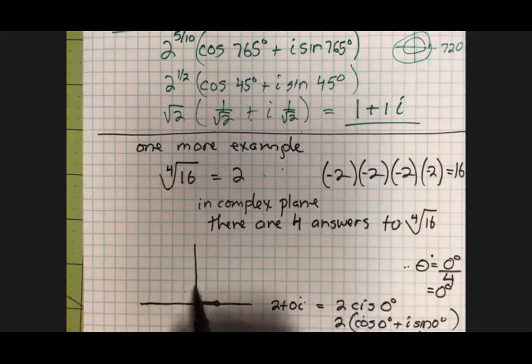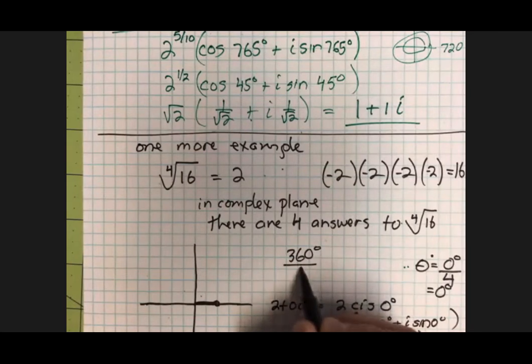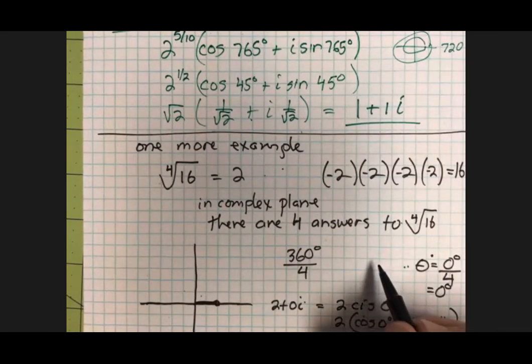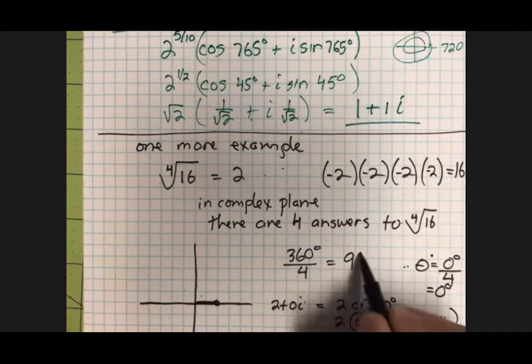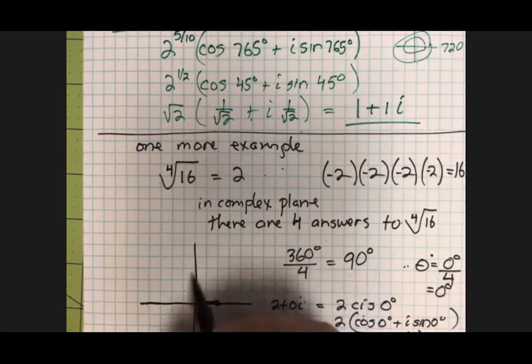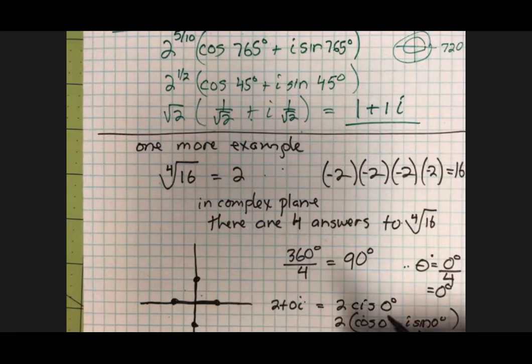But now I want 4 equally spaced angles around the circle. Now cutting 360 degrees into 4 pieces is easier than cutting 360 degrees into 5 pieces. 360 degrees cut into 4 pieces would be a 90. So that means my 4 answers are going to be equally spaced around the circle at 90 degrees.